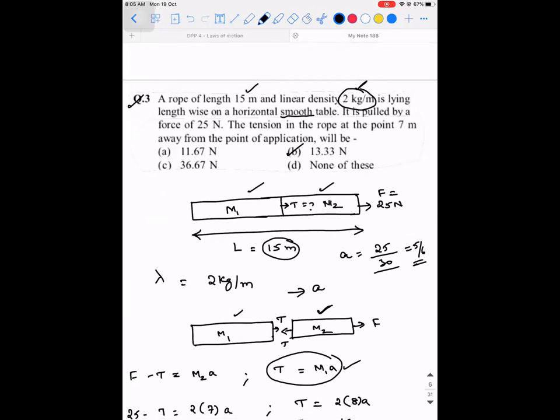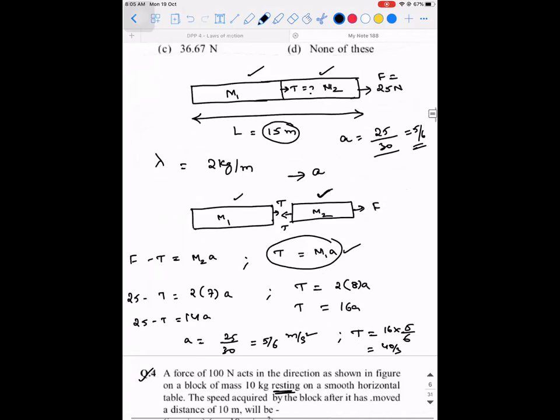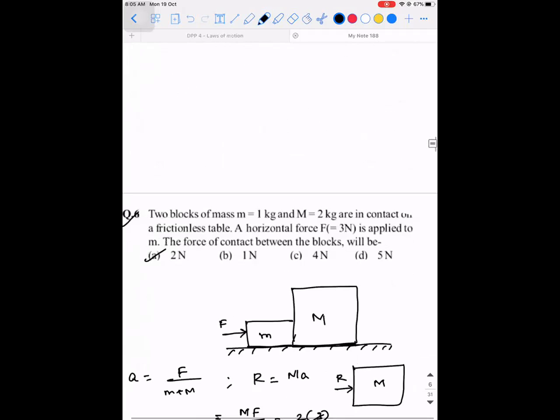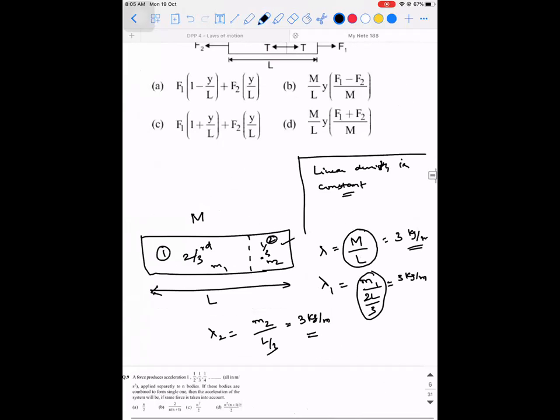You just have to multiply the linear density with the length of that portion. Some questions will be like this: lambda is equal to 2 by 3x. Then what is the meaning of this?